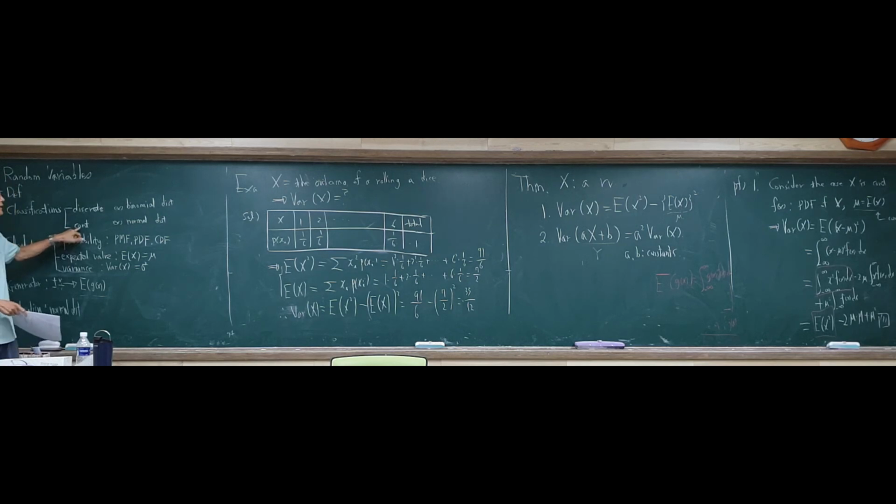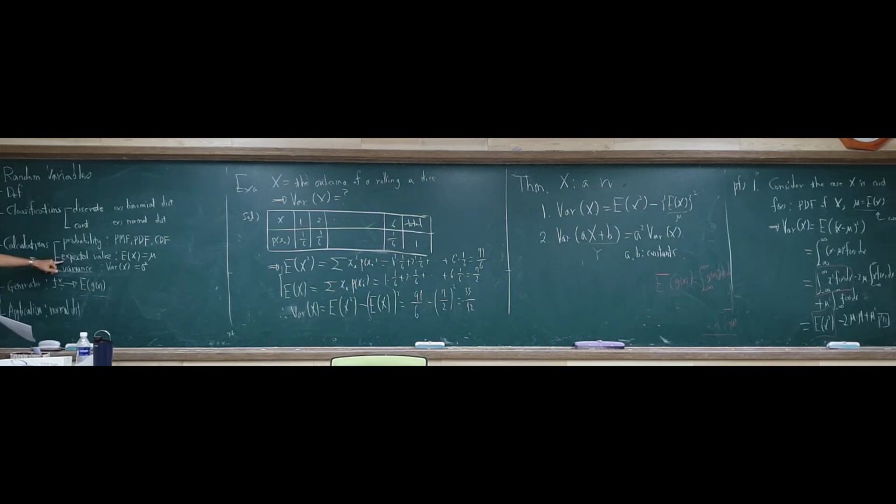And for the case of a continuous random variable, we can find the probability by using the probability density function. And of course, the CDF, which is a cumulative distribution function, can be used to calculate probability. CDF is usually denoted by large F, which is defined by the rule large F of a is the probability that X is less than or equal to a.